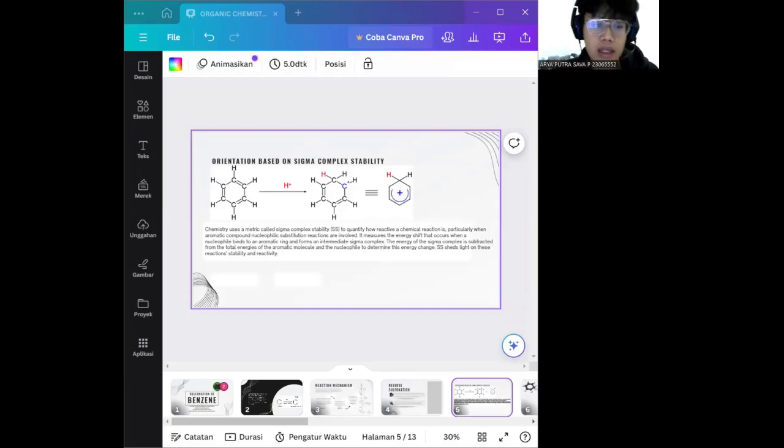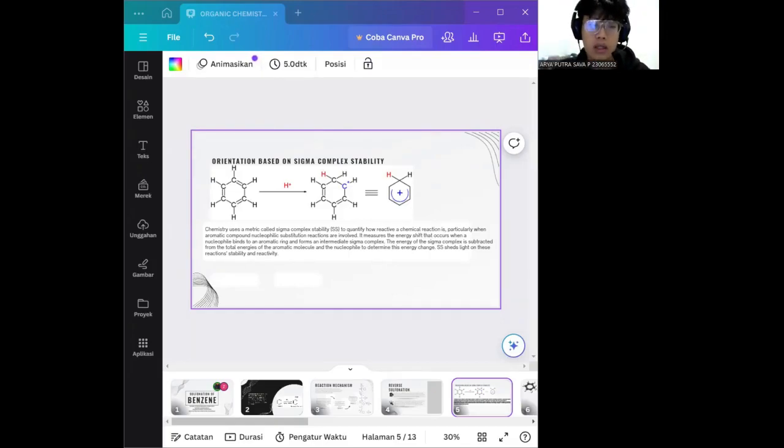The sigma stability, SS, is a theoretical quantity that represents the energy change associated with the formation of the intermediate sigma complex, which occurs when an agent attaches. There is an example for clarity: the nitration of benzene, in which a nitronium ion, NO2 plus, acts as an electrophile.